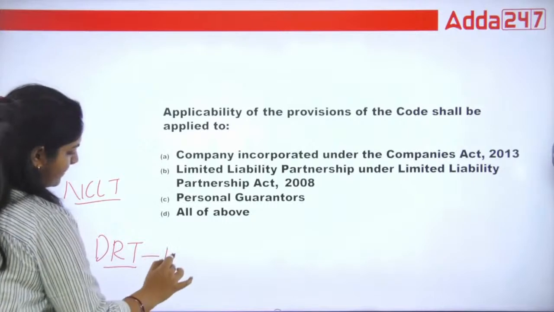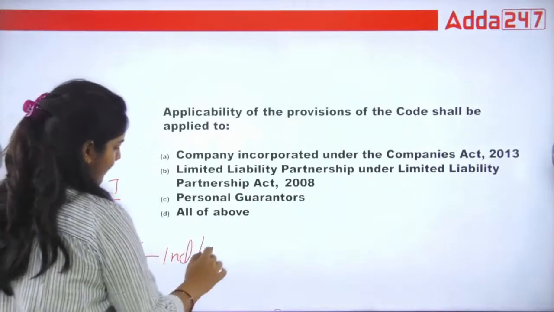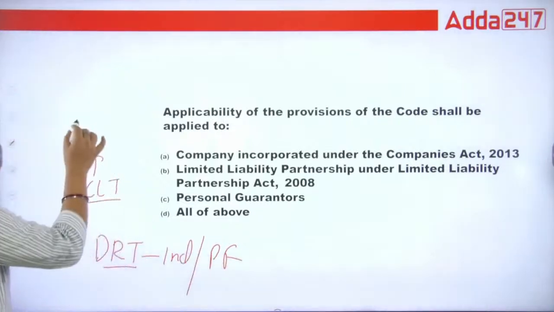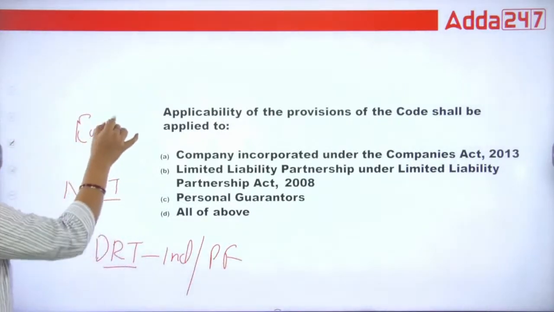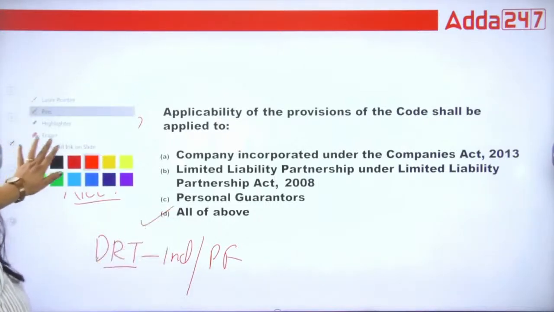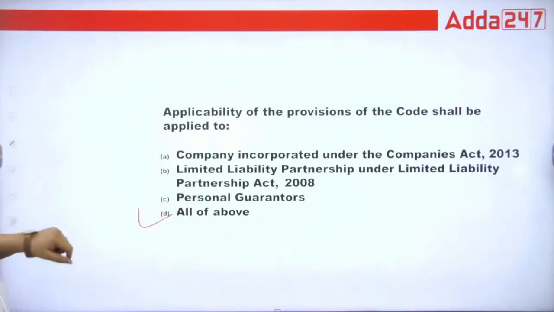So in DRT, individual and partnership firm. In NCLT, this is company and LLP. So that's why all of the above is the right answer. So for this, D is the right answer.